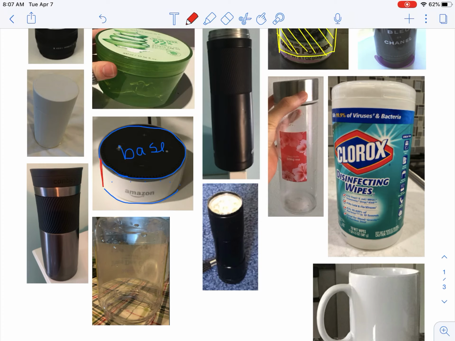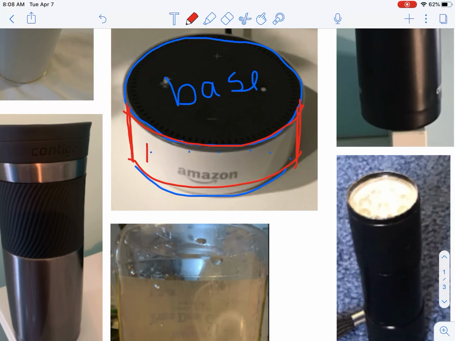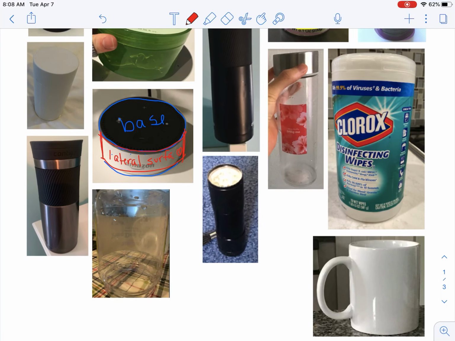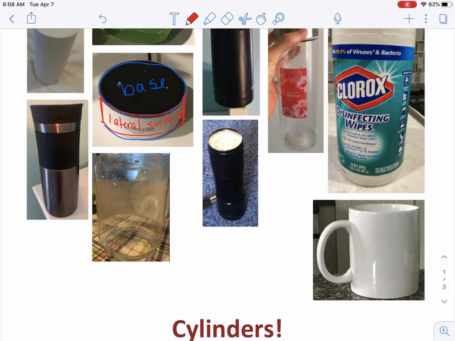And then I have the lateral surface that's wrapping around the whole thing. Okay, and that's all cylinders. And these are some pretty nice ones you guys came up with.